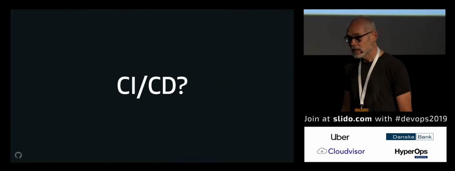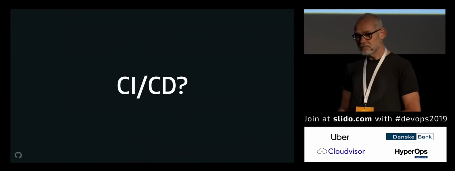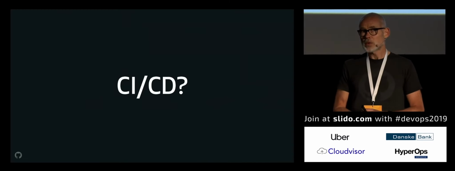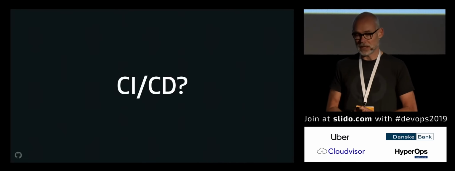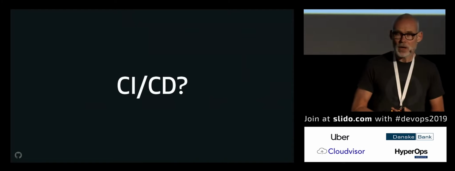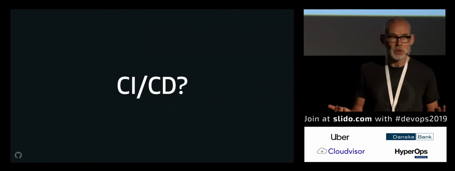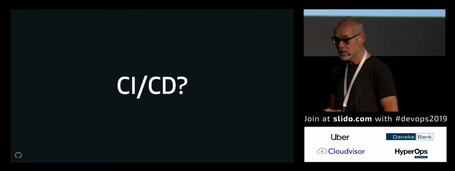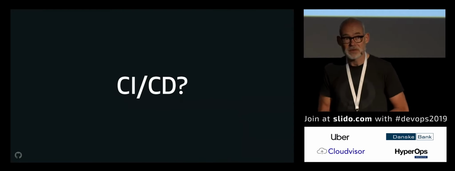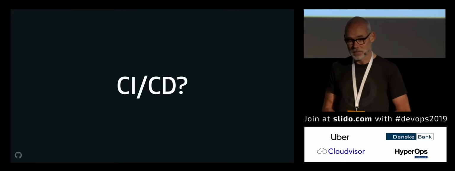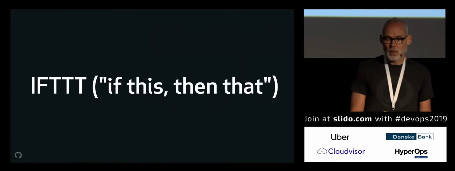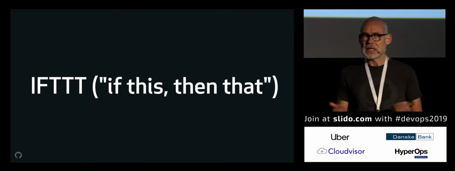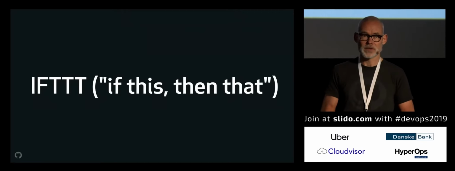A GitHub action is code that runs when an event happens on GitHub. So they're way more than just responding to a push event and doing a build, test, package and deploy. You can use actions for practically anything on the GitHub platform. We just refer to it as an if-this-then-that sort of solution.